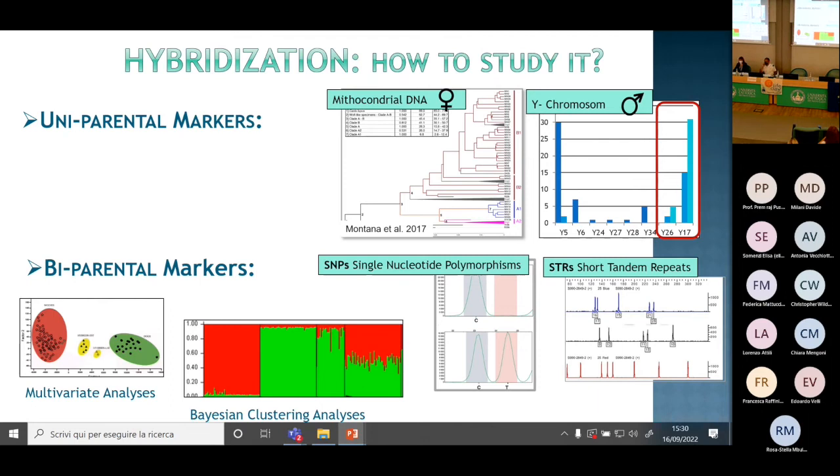For example, the use of uniparental markers can provide the directionality of the hybridization, whereas the use of a few dozens of biparental markers can allow the reconstruction of genetic profiles of recent hybrids, which can be identified comparing them with reference populations, for example, in multivariate analysis or in Bayesian clustering procedures.